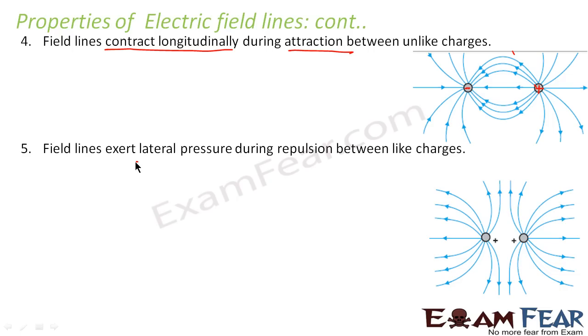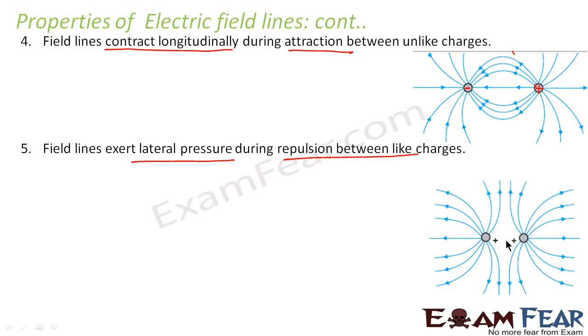Similarly, they exert lateral pressure during repulsion between like charges. When they are like charges, they repel each other because they exert lateral pressure on each other. So these are some of the properties of electric field lines.